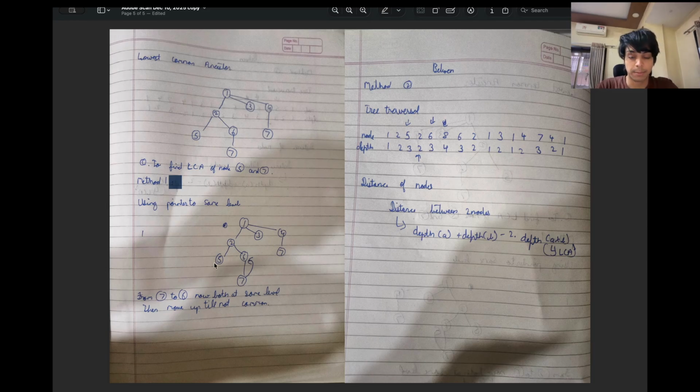We see that the depth of node 5 is 2. We see the depth of node 7 is 2. So we add both the depths and we subtract 2 times the depth of node 1, which is 0, because that's the only ancestor they have. So the distance is 4, which we can even calculate by hand. But it's convenient to know these algorithms because it helps us in solving problems.